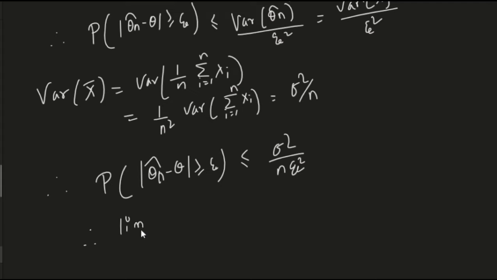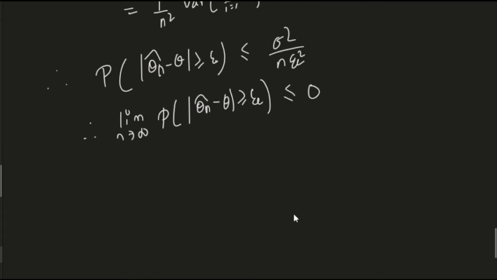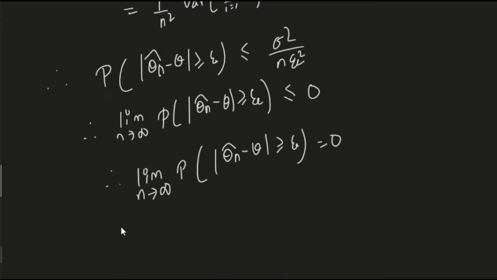Therefore the limit as n tends to infinity of the probability that theta n cap minus theta is greater than or equal to epsilon is less than or equal to 0, and since probability is always greater than or equal to 0 as well, the limit is zero.